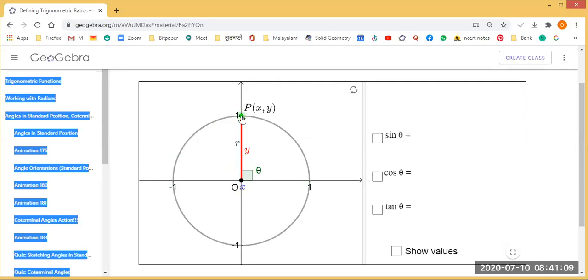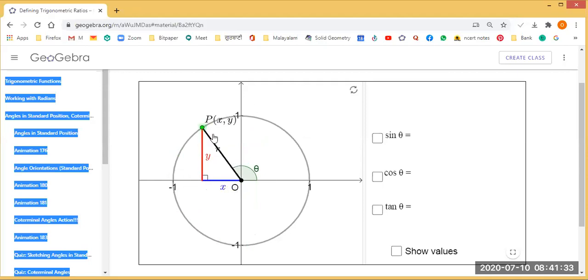As I increase beyond 90 degree, the sine theta value depends exactly upon the magnitude of the perpendicular, because the hypotenuse here I have taken as the radius of this circle, and that is remaining constant. You see, this black line is the radius, it's remaining constant.